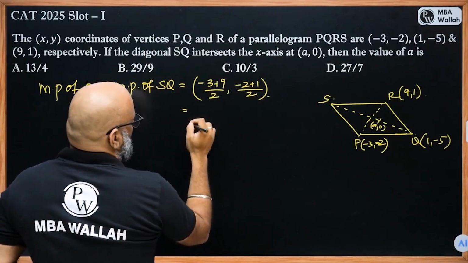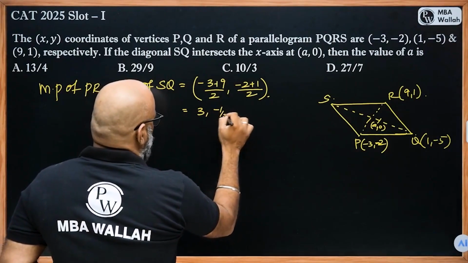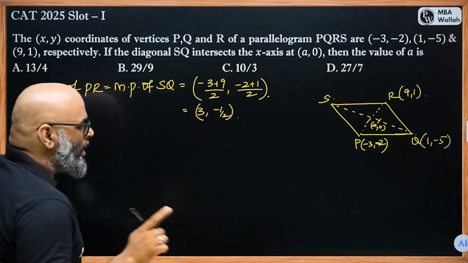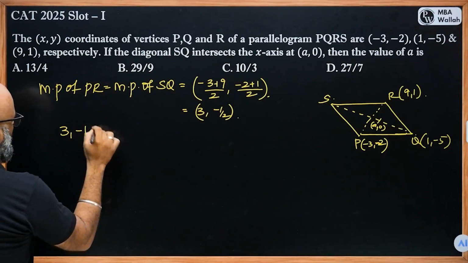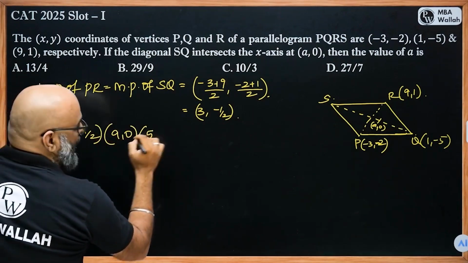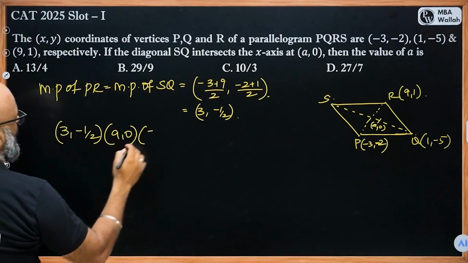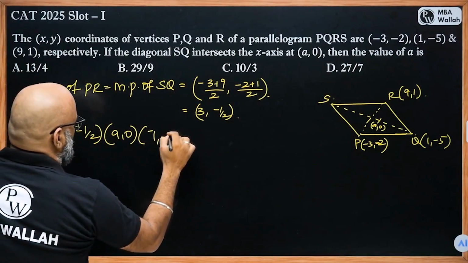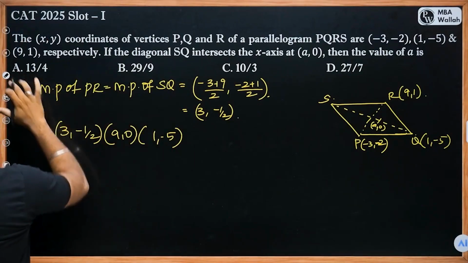So that will be 6 by 2 is 3. 1 minus 2 is minus 1 by 2. We know that now 3 comma minus 1 by 2, a comma 0, and 1 comma minus 5, all three of them are collinear. You can use that.